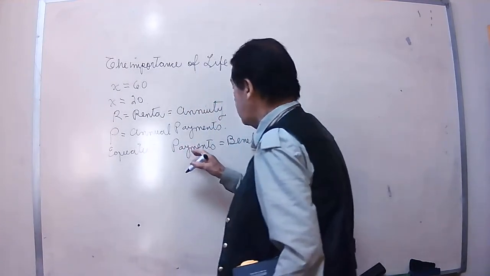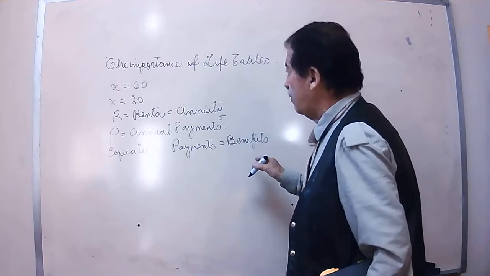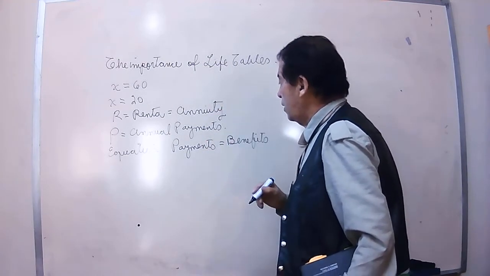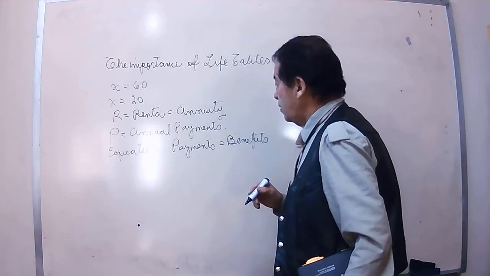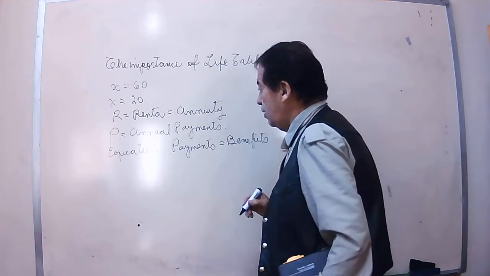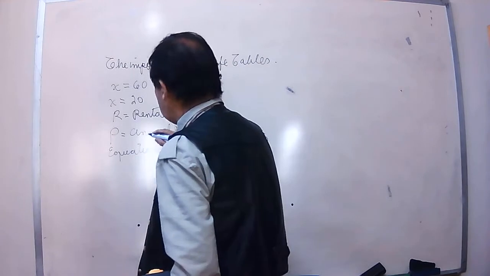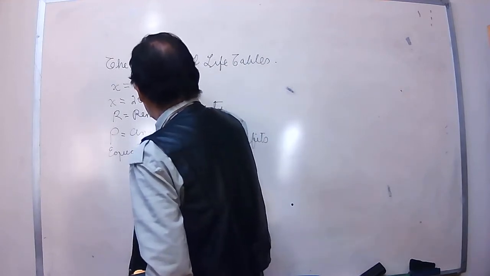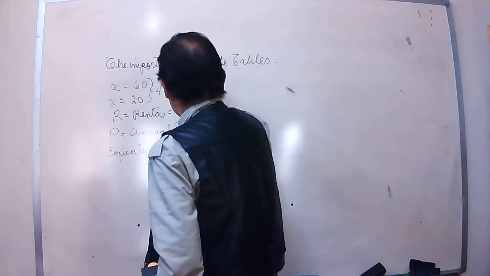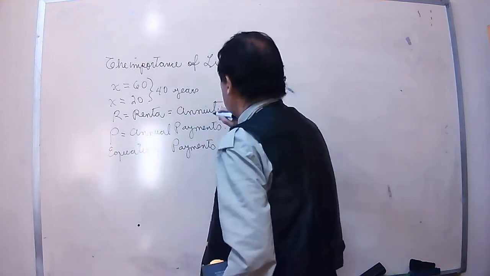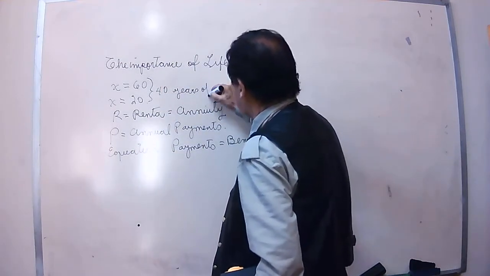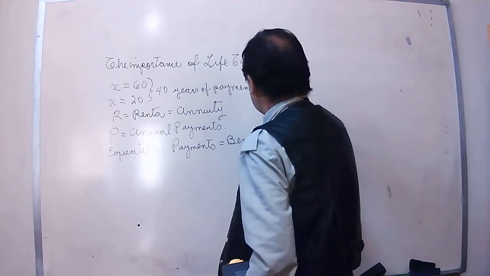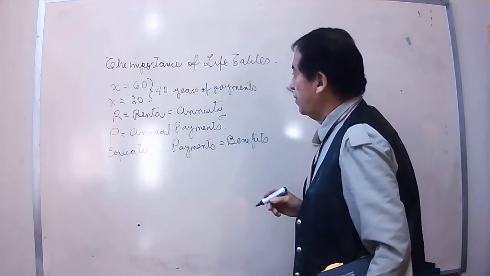Now, in this equation where payments are equal to benefits, payments are going to be the annuity, the period of annuity payments. In other words, from 20 to 60 we have 40 years of payments to the insurance company.